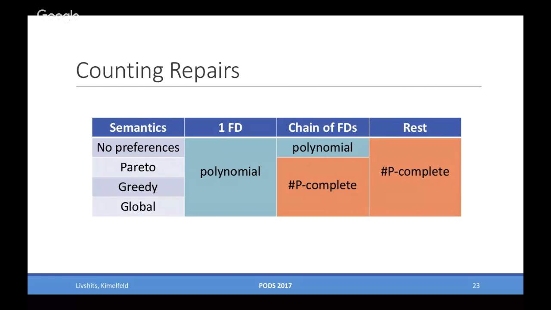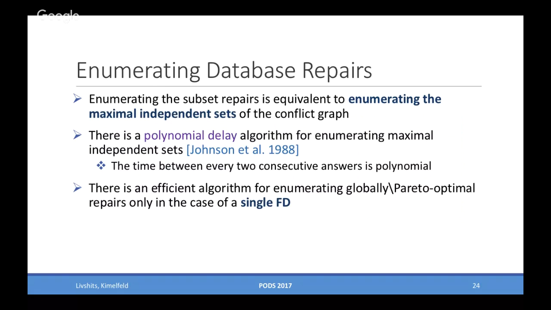But as I said before, it still doesn't mean that we cannot answer questions like, are there at least 100 optimal repairs? So now let's move on to the second problem that we studied in this paper, which is the problem of enumerating the repairs, generating them. So the problem of enumerating the subset repairs is again equivalent to the problem of enumerating the maximal independent sets of the conflict graph.